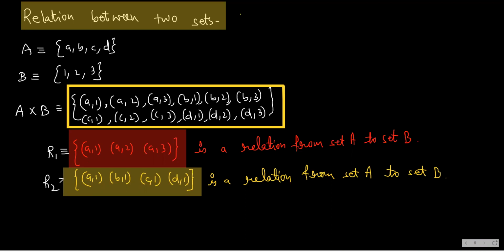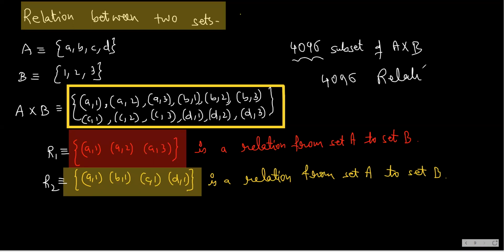This is another relation, I can call this R2. As I said, here we will have 4096 subsets of A cross B, so I will have 4096 relations from set A to set B. R1 is a relation from set A to set B. R2 is also a relation from set A to set B.